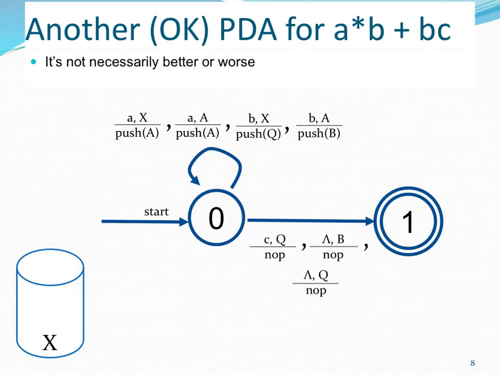Okay, so here's another PDA that represents A star B plus BC. It looks a lot different. It's not necessarily better or worse. It's just another approach to building a PDA that accepts this language. Notice that I have 4 different transitions here.